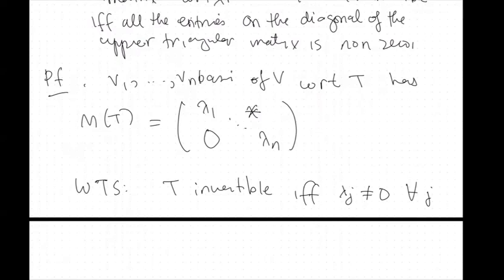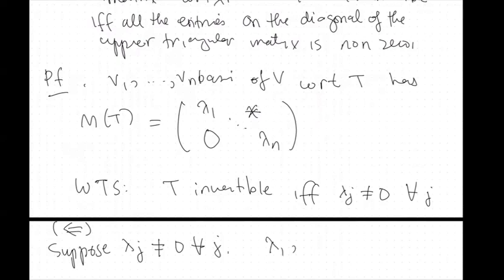So first, suppose that lambda_j is not 0 for all j.